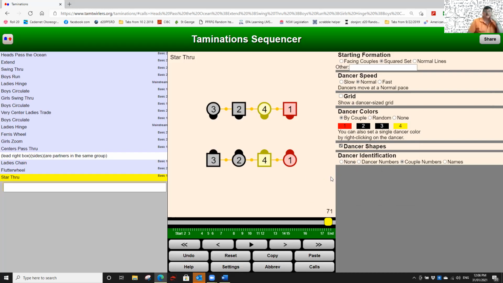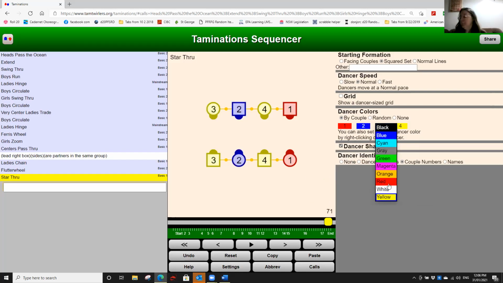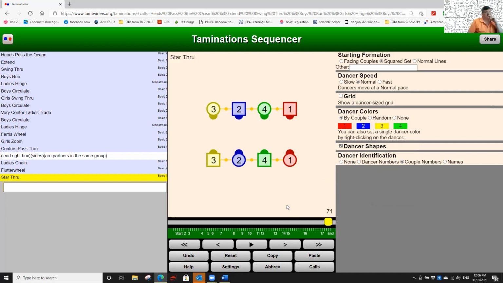What color are your dancers, Yolanda? Number 1s are red, number 2s are blue, number 3s are yellow, and number 4s are green. Can you see those, Chris? Yes. The hardest to see is the 3s, the yellows. Okay. So make those orange.